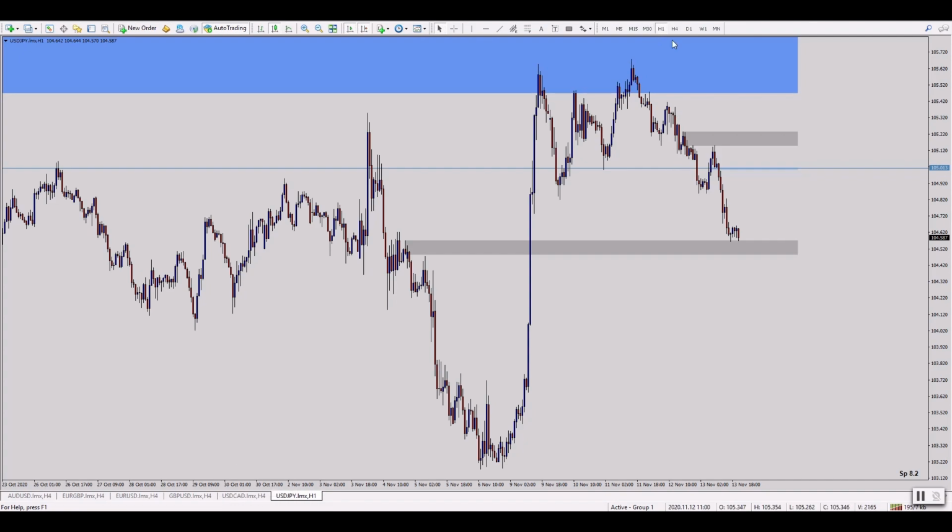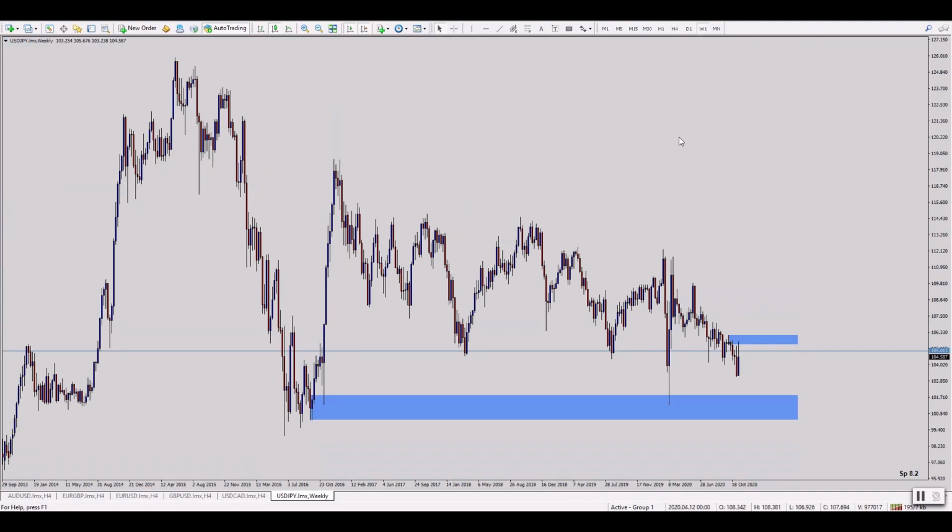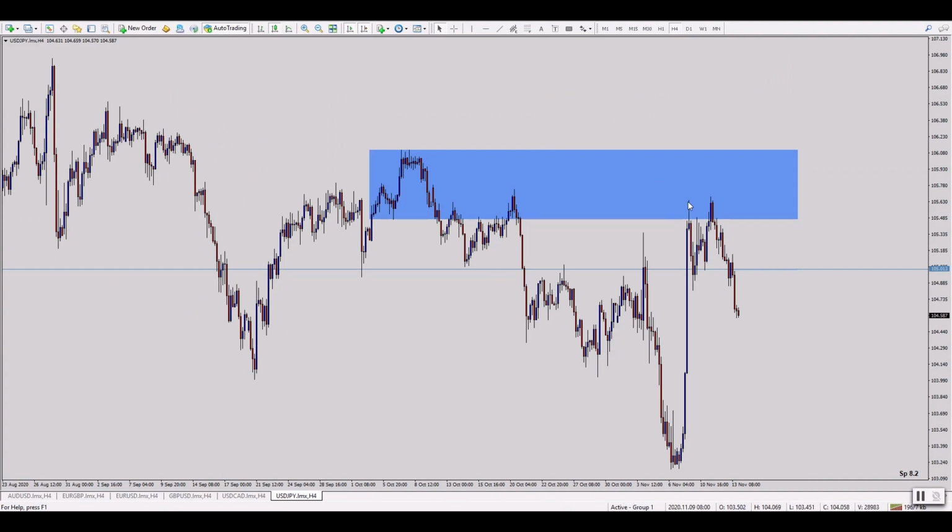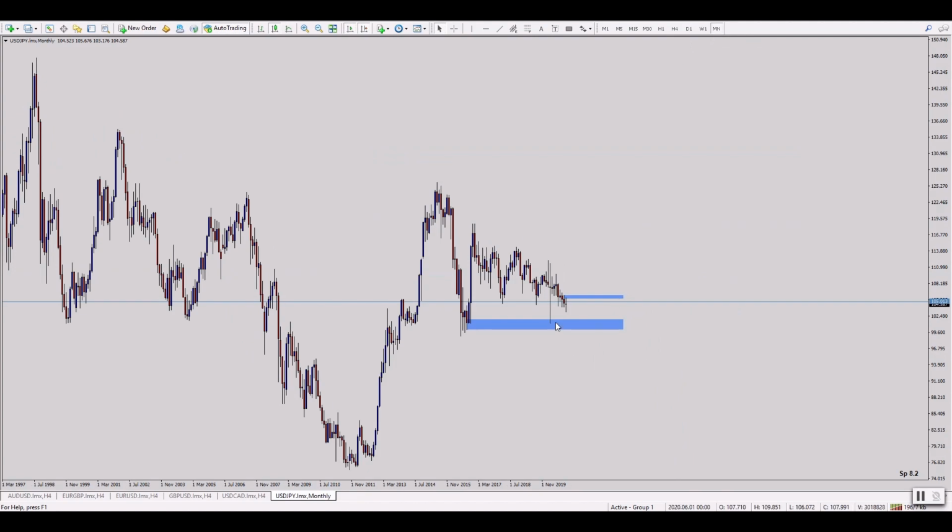Someone was asking me about taking a potential SDC up here. Well, the thing is, inside what curve are you going to be taking this? Because you just hit W1 supply, so you'd need to be inside a monthly up curve.